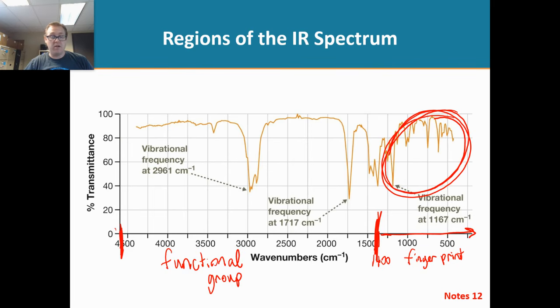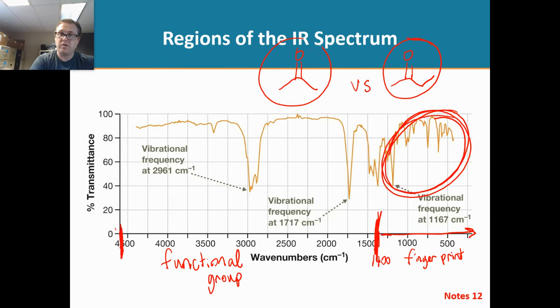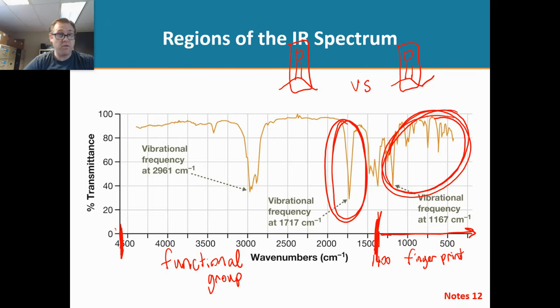So if you have two molecules that are completely different, let's say acetone versus another different type of ketone, the fingerprint regions for these two molecules are going to be completely different, but their functional region in the IR will look very, very similar, because what do we have? We have a carbonyl stretch and a carbonyl stretch. So that carbonyl will show up right there for both of those compounds.